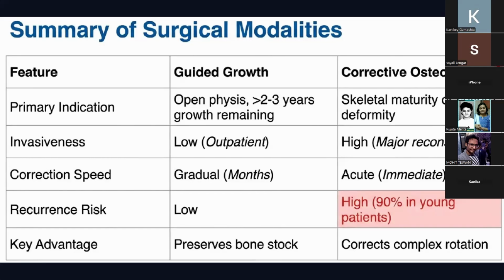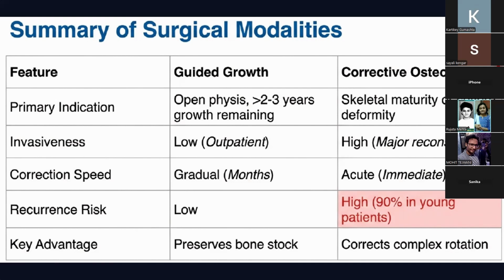Recurrence risk is very low in guided growth, but if corrective osteotomy is performed in early stages when the physis is active, there is a 90% risk of recurrence in young patients. So patient selection is very important in such cases. The advantage of guided growth is that it preserves bone stock and doesn't burn any bridges for us.